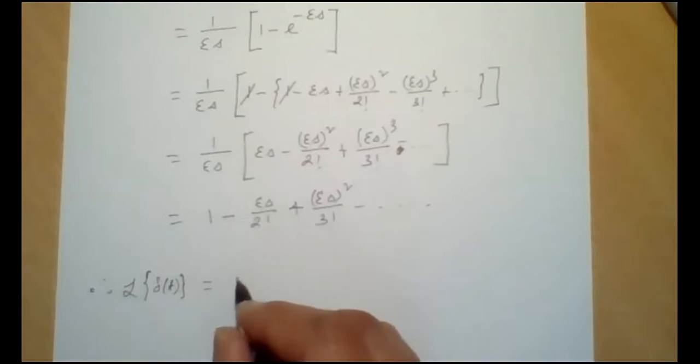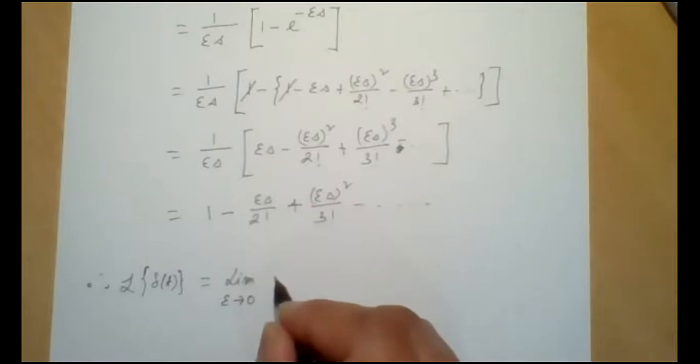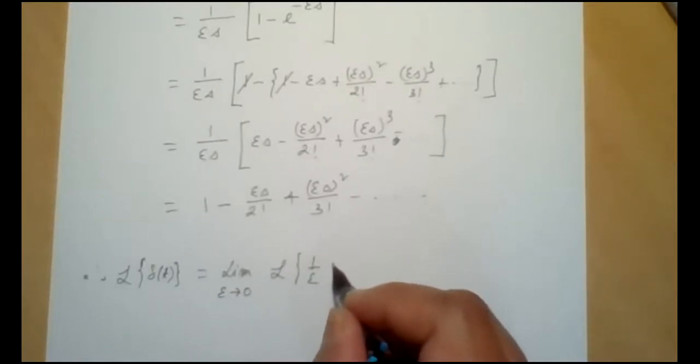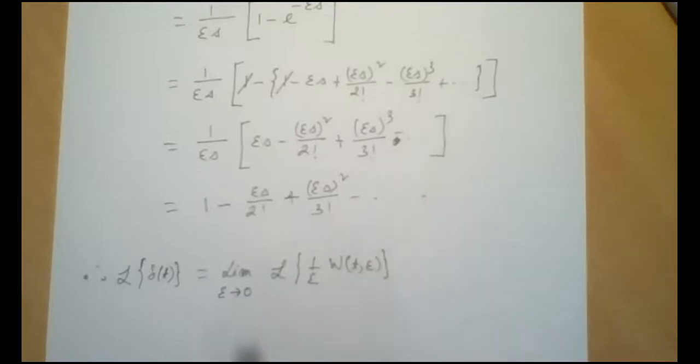is equal to limit epsilon tends to 0, the Laplace transform of 1 by epsilon w(t, epsilon).